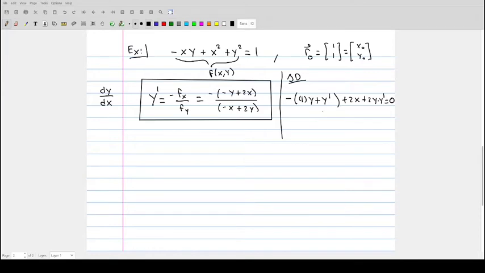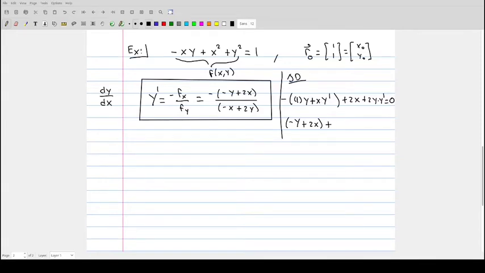And then you can factor out the y prime term to get that. This is going to be negative y plus 2x plus this should be y prime times x. Did the product rule a little bit wonky there.